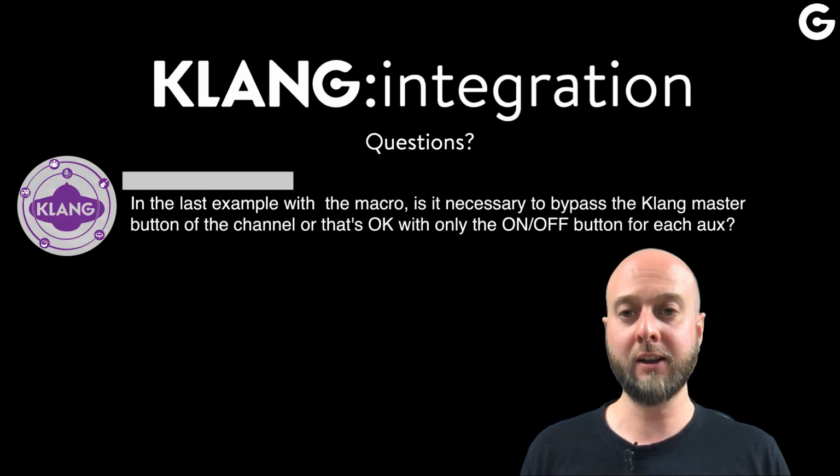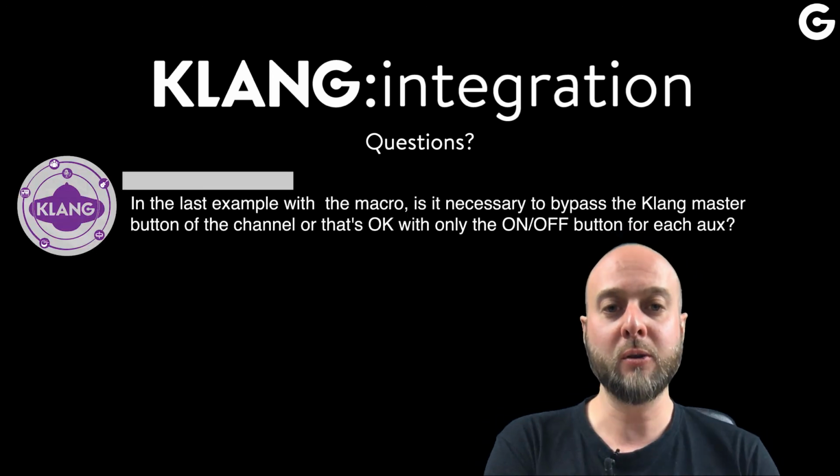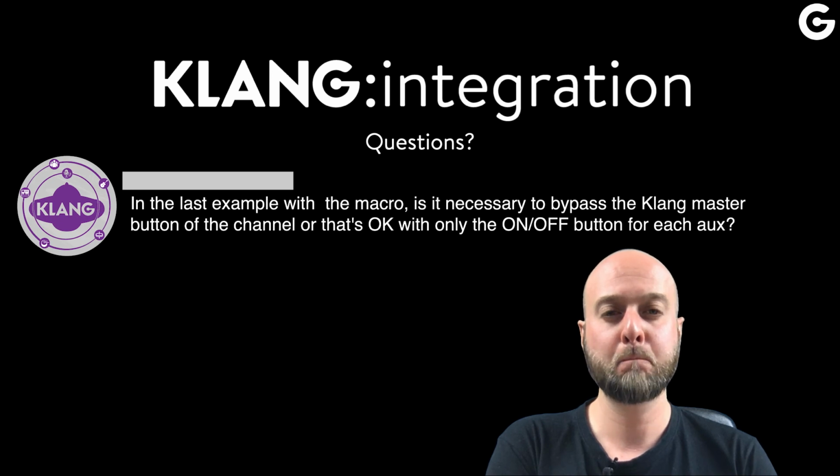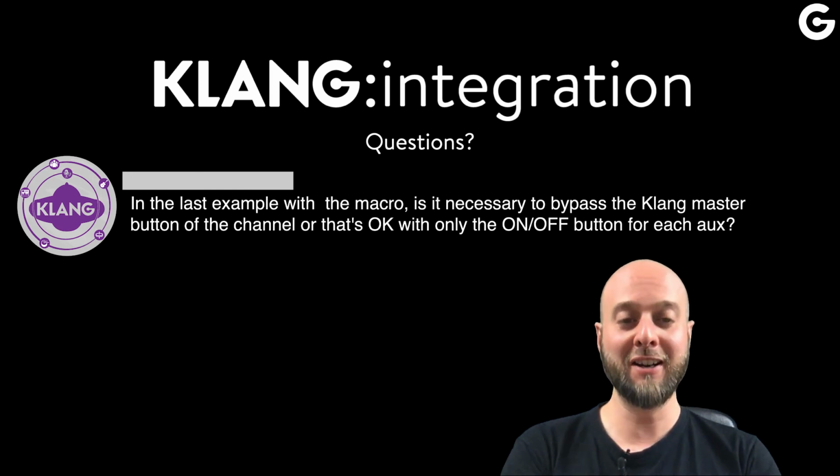Okay, Severin. In the last example with the macro, is it necessary to bypass the KLANG master button of the channel, or is it okay with only the on-off button for each aux? Not sure if I understand your question completely. Oh, yeah, sorry. That took me a little moment.